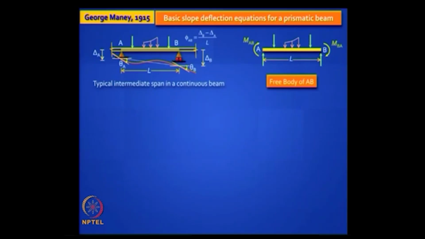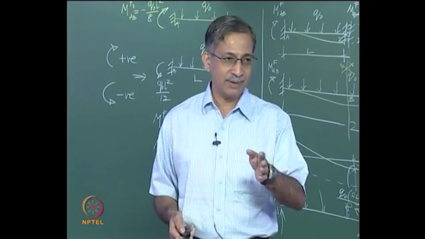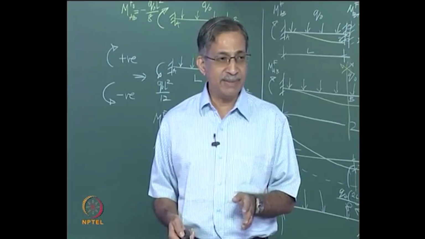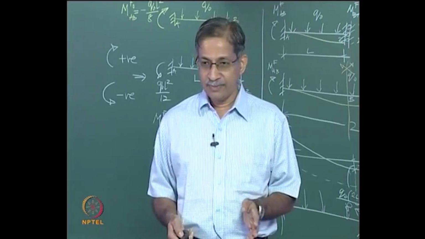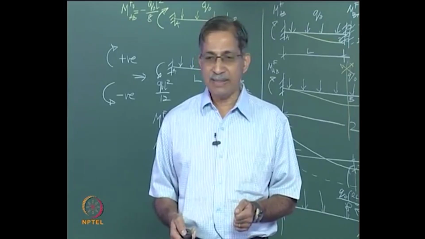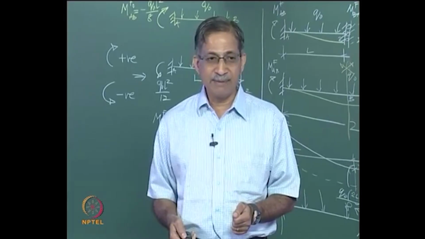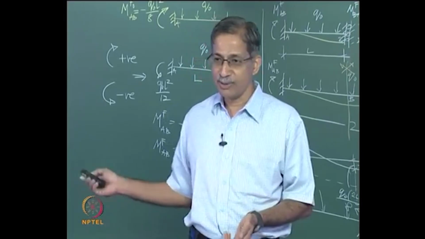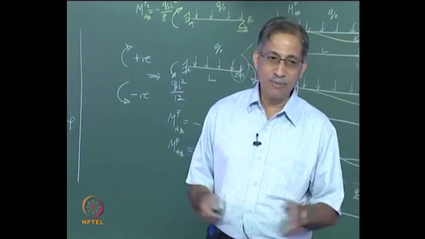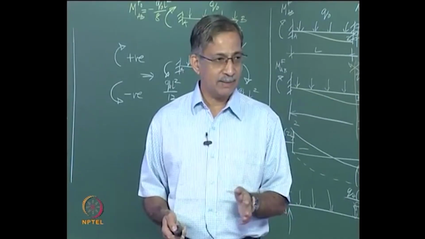You have to first arrest your kinematically determinate structure, which is one in which theta A and theta B are both 0. So you catch hold of theta A, theta B, artificially pin them down, arrest them so that they do not rotate. Then due to the loads you get fixed end moments which you are supposed to know how to calculate, right. So no chord rotation, no flexural rotation, you know how to get MFAB and MFBA, clear.